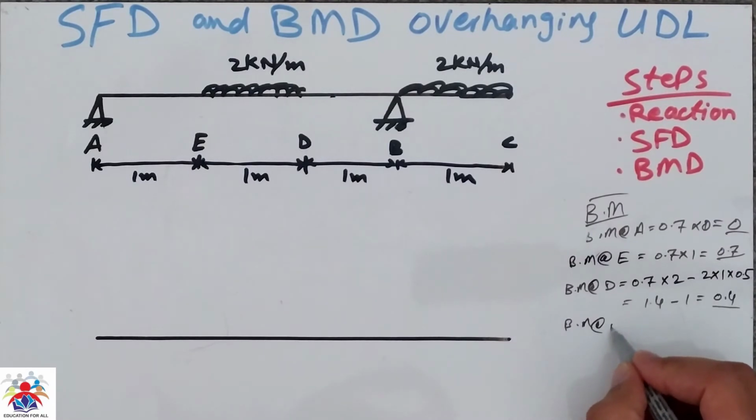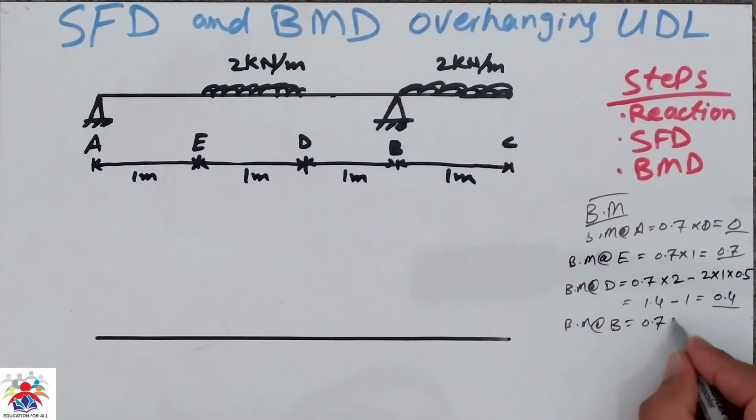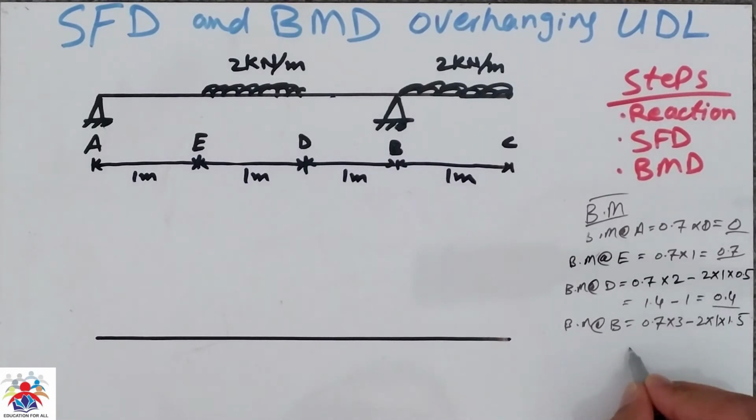Now bending moment at point B. Okay, so 0.7 multiplied by 3 minus 2 multiplied by 1 multiplied by 1.5 plus 3.3 multiplied by 0.